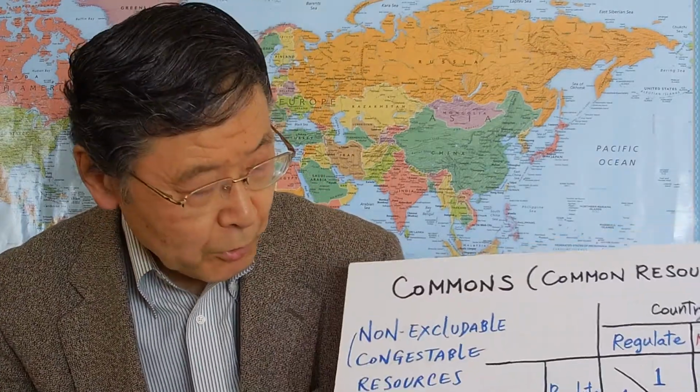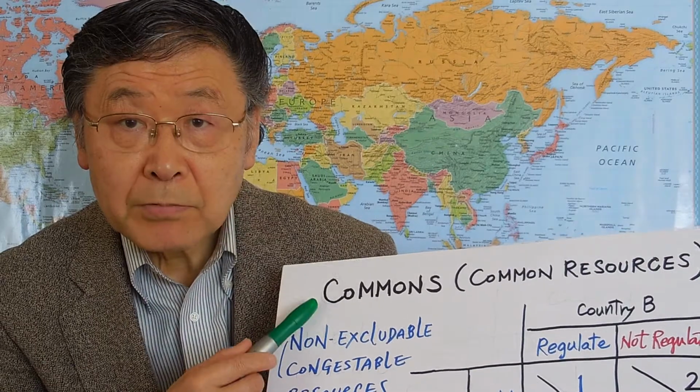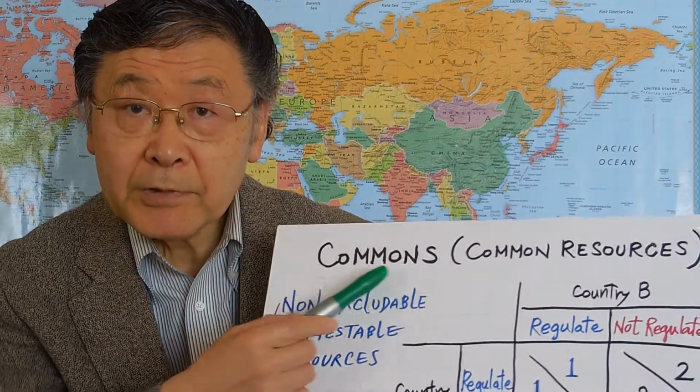However, these days environmental problems, most typically air pollution, have become a global issue, literally affecting the world. Therefore, we take an alternative view or approach, that is the problem of the commons or common resources.